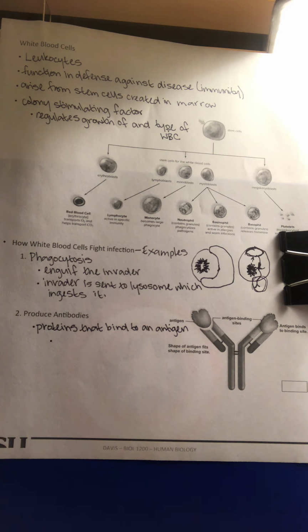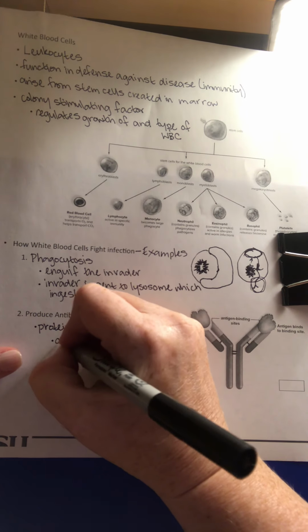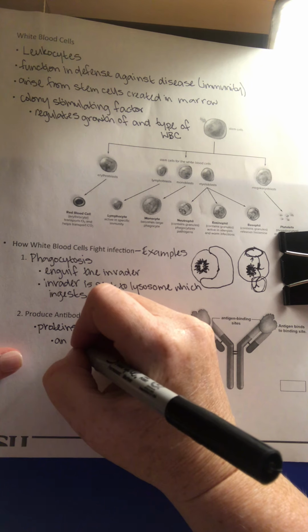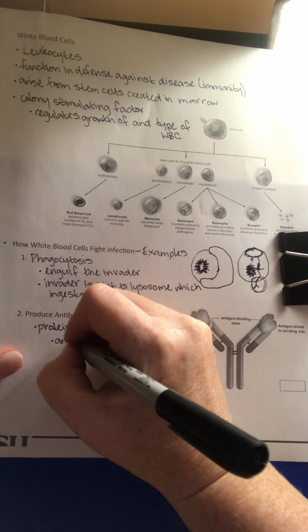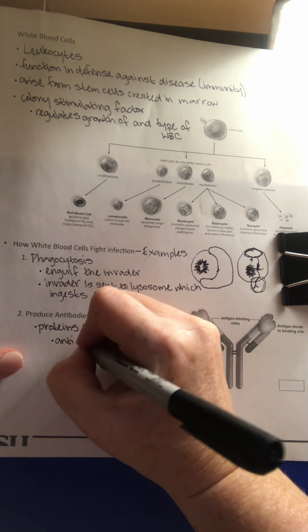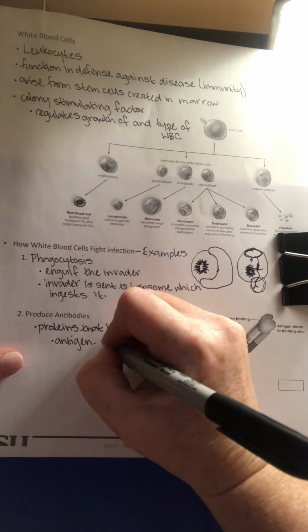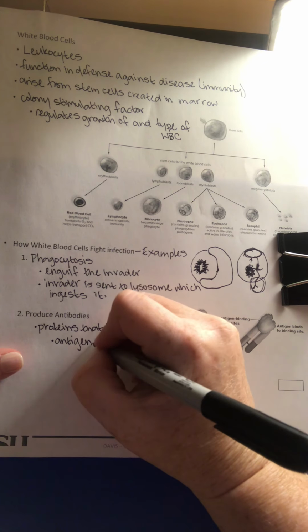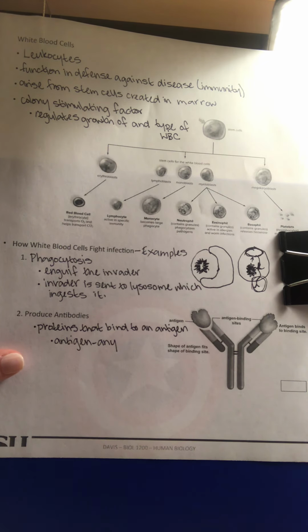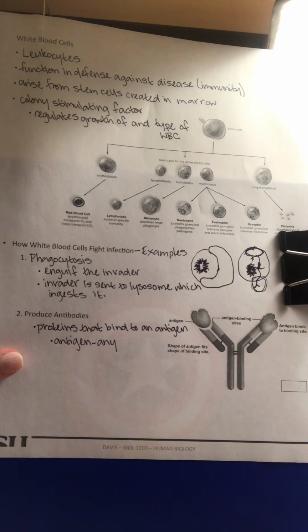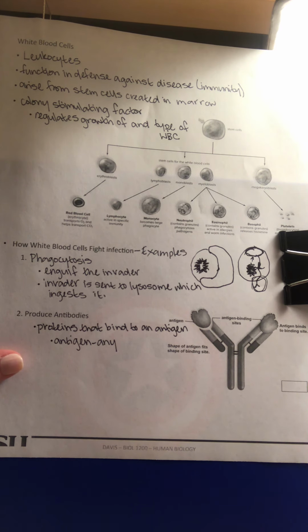An antigen overall is just defined as any substance that triggers an immune response. And I'm not going to say necessarily just foreign substance, because in autoimmune disorders, antibodies are created against the body's own healthy cells.